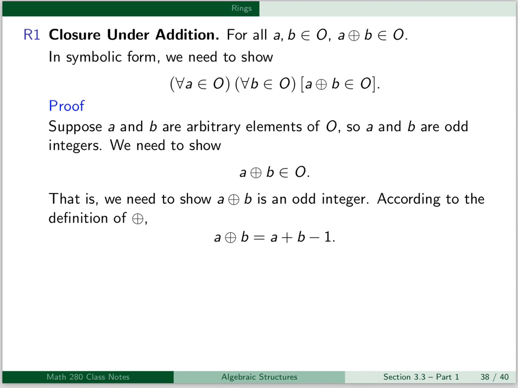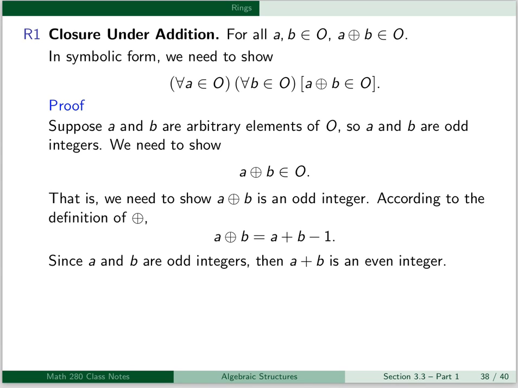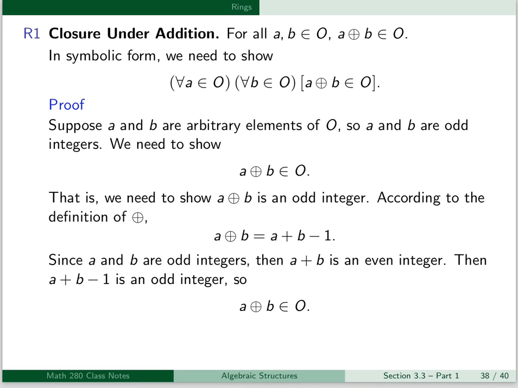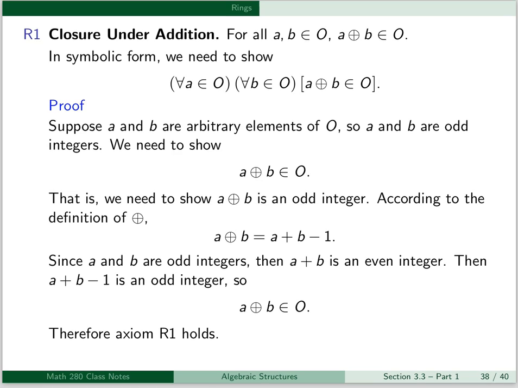Now, according to the definition of circle plus addition, a circle plus b is equal to a plus b minus 1. And since a and b are odd integers, then a plus b is an even integer. Okay, we're just going to assume our basic facts about odd and even integers in this example. Then a plus b minus 1 is an odd integer, so a circle plus b is in O. And therefore axiom R1 holds.